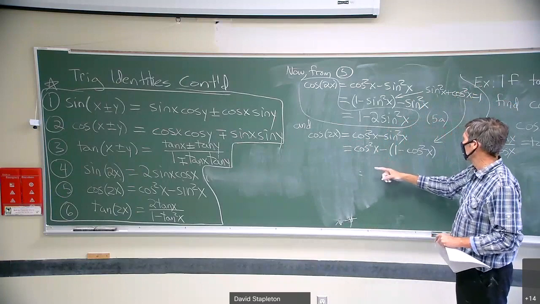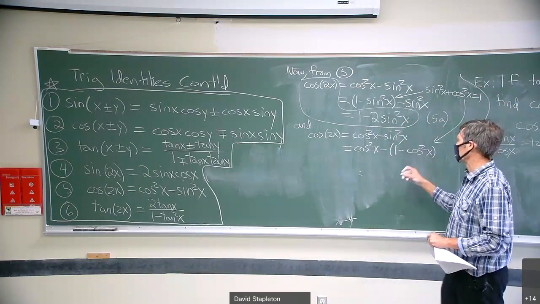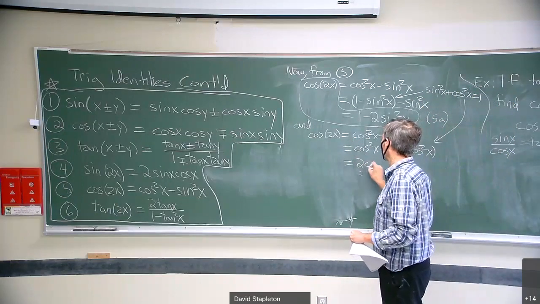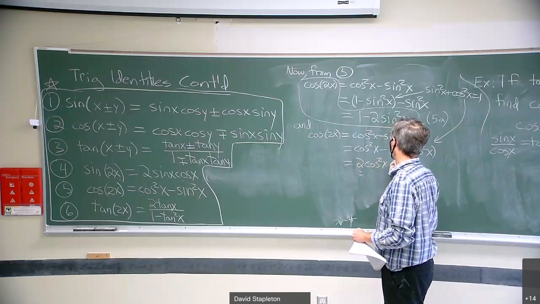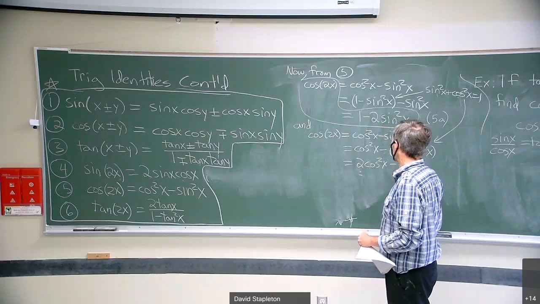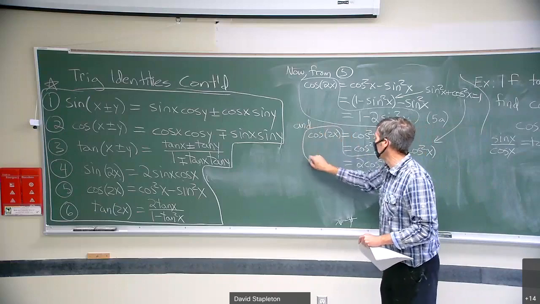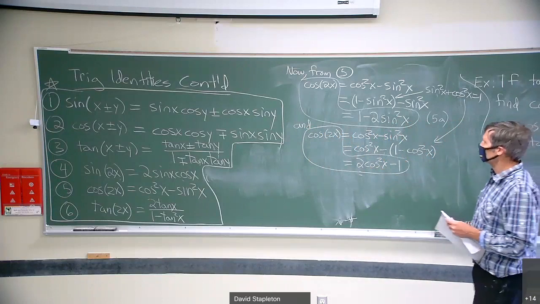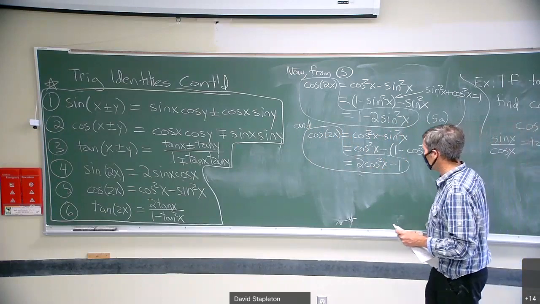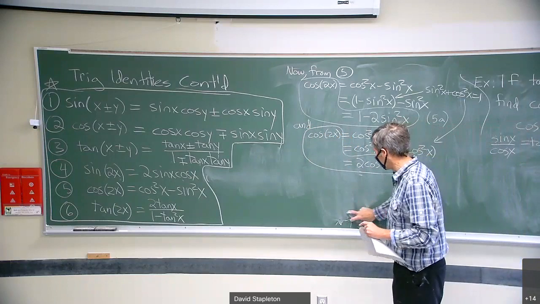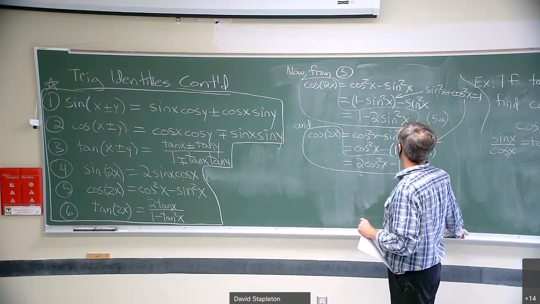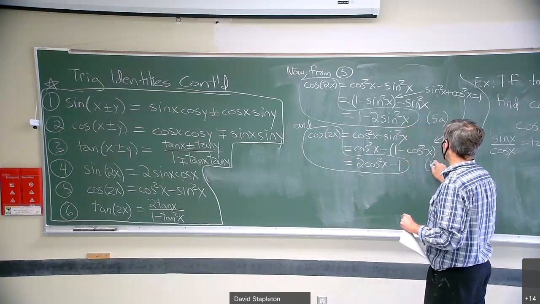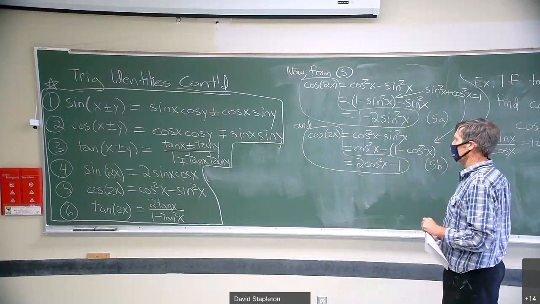And now I've got cosine squared x plus cosine squared x, there's two of those, minus 1. This is the other double angle identity for cosine that you'll sometimes see. You don't have to memorize it, but from these we can get some nice things. I'll call these 5a and 5b, alternate double angle identities for cosine.